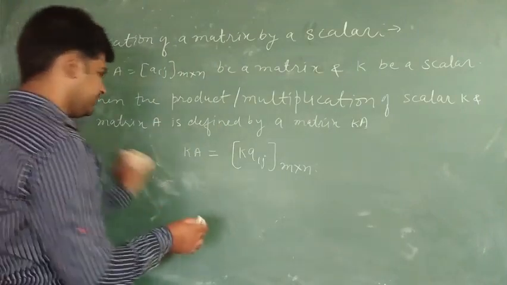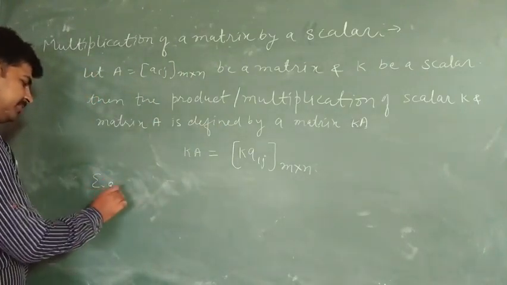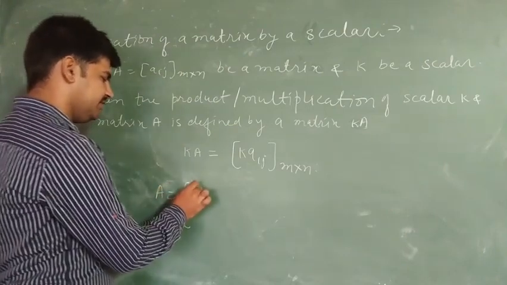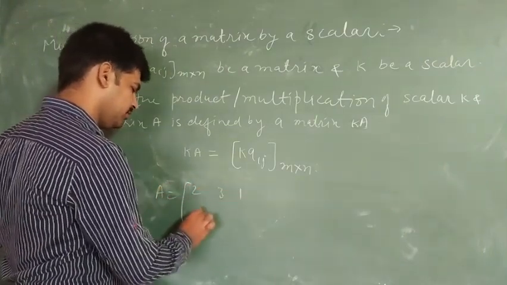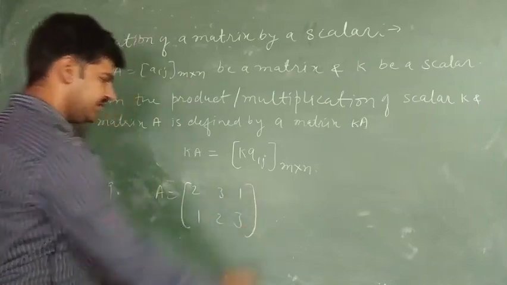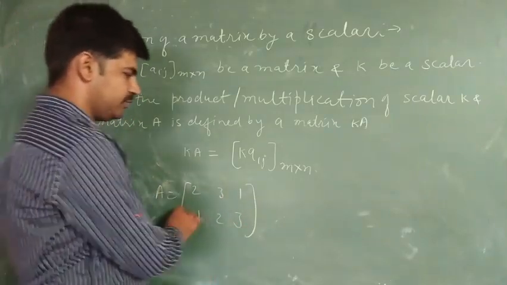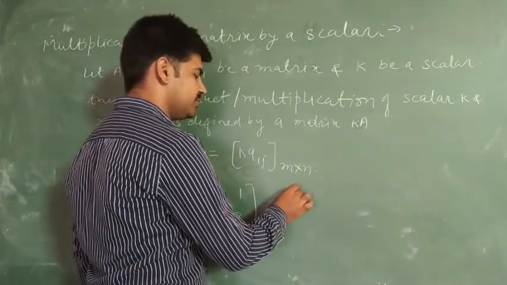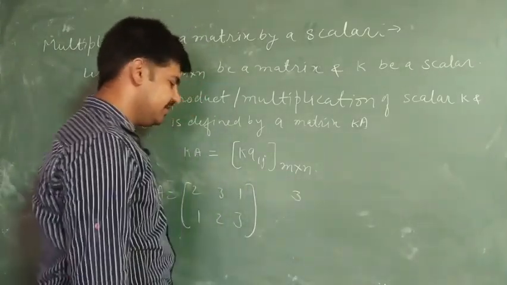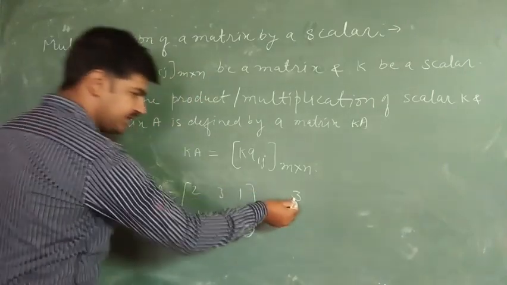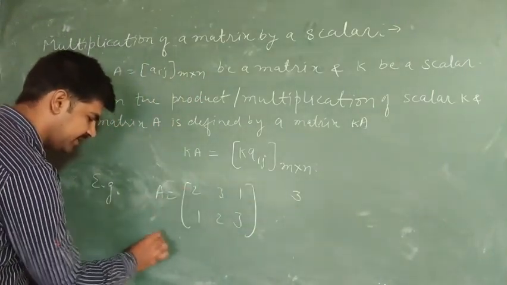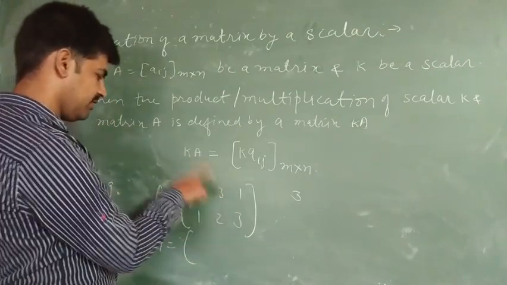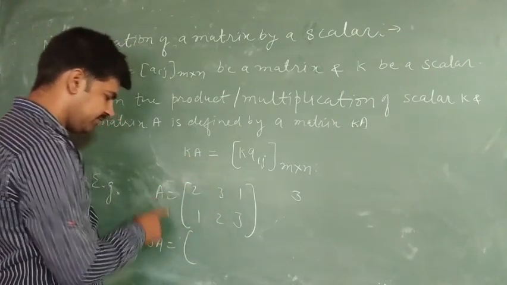Suppose I take a quick example. Students, if there is a matrix A in which the elements are 2 3 1 1 2 3, and suppose 3 is a scalar, then the product of scalar 3 and matrix A will be 3A, and that is equal to each of the elements of A multiplied by 3.